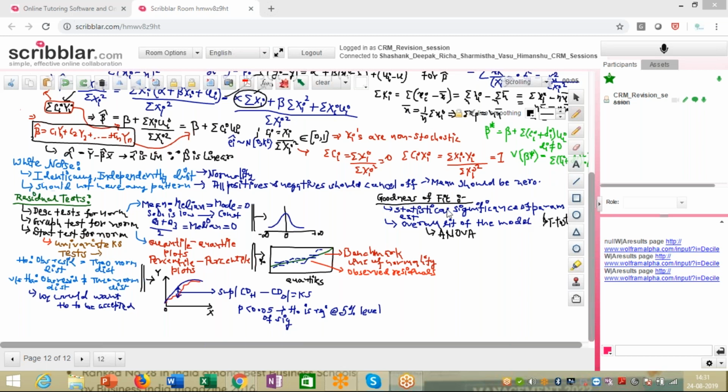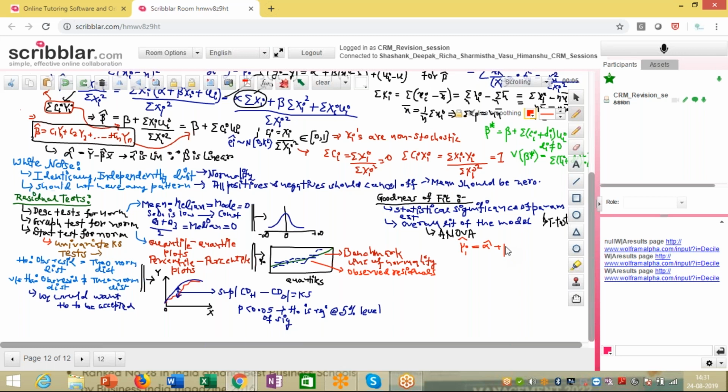Now, the question is why do we need to use linear regression? Why is linear regression used, first of all? In linear regression, I am trying to estimate the value of yi using the parameter estimates alpha hat and beta hat.